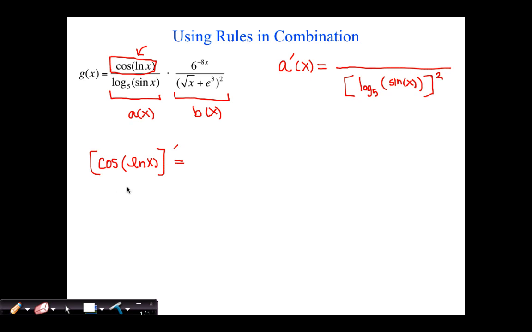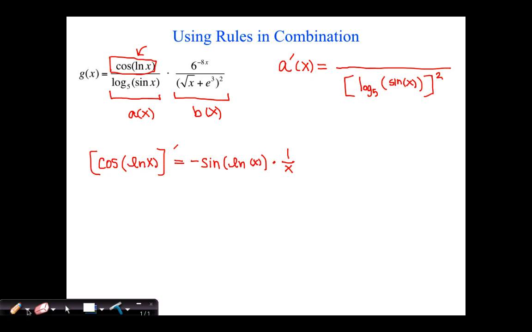Negative sine of x. This time we've got cosine of natural log of x, so we should have negative sine of, same thing, natural log of x. That is, leave the inner function intact, and as a separate factor, multiply on the derivative of that. Natural log of x, derivative is 1 over x. Yay, at least finally one simple derivative here. So 1 over x. So this is cosine of natural log of x's derivative.